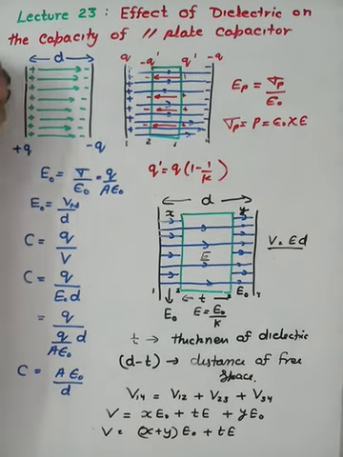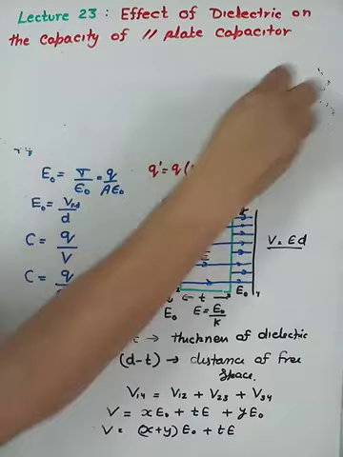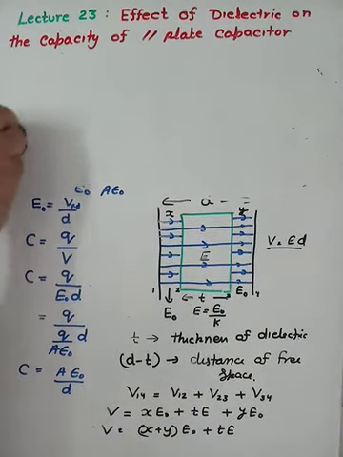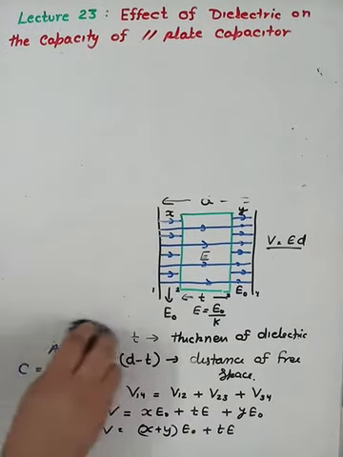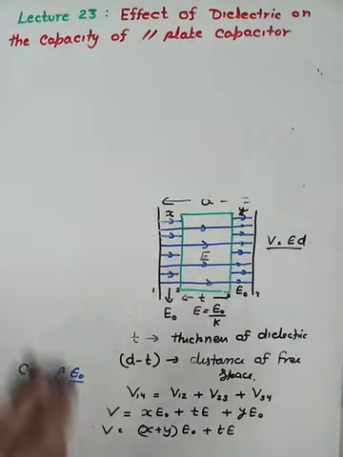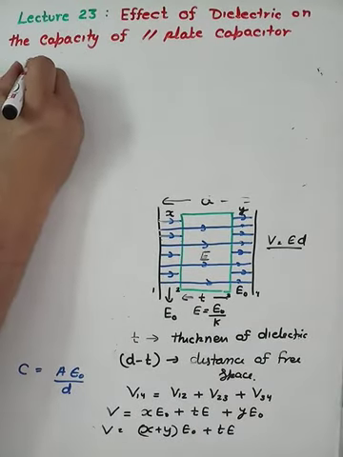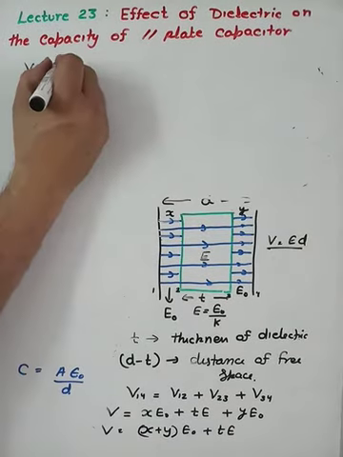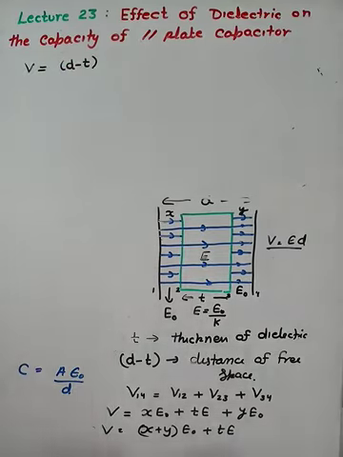Now the total potential difference V is given with x plus y written as d minus t, the total distance minus the thickness t.